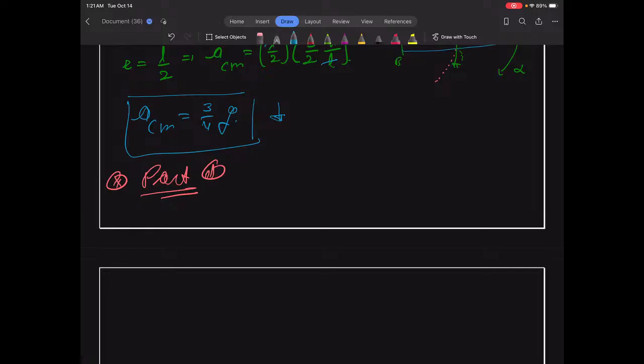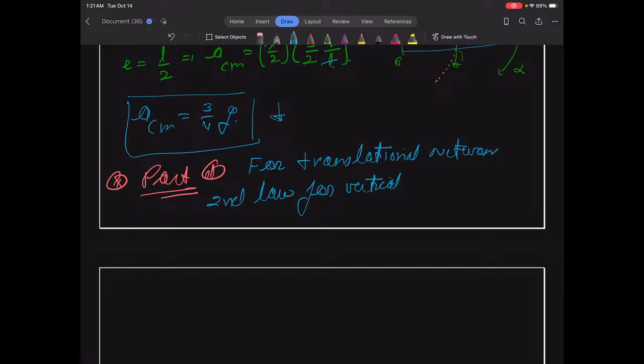So we can say that for translational Newton's second law, and here it is only vertical motion, so we are going to write it for vertical motion.